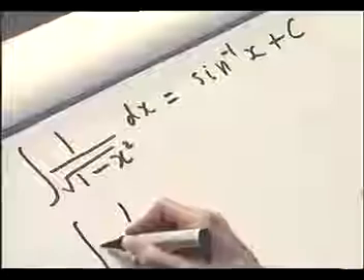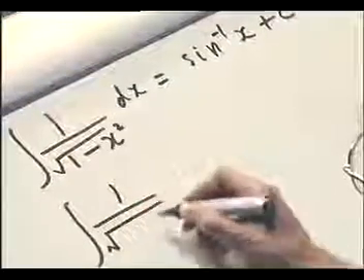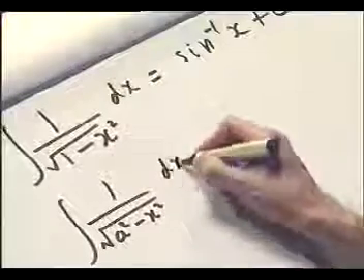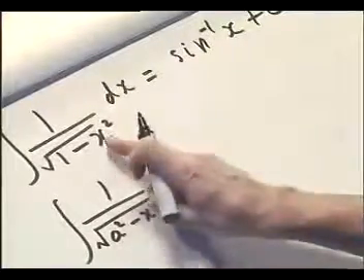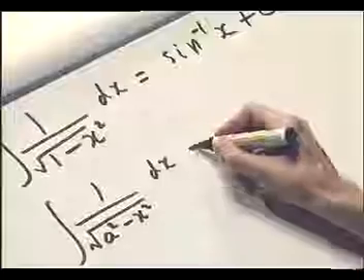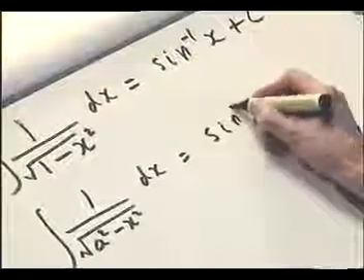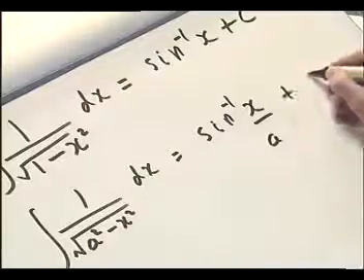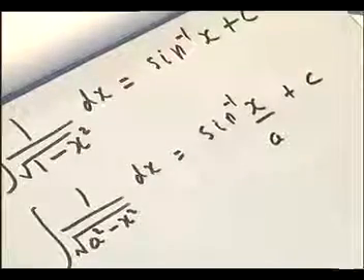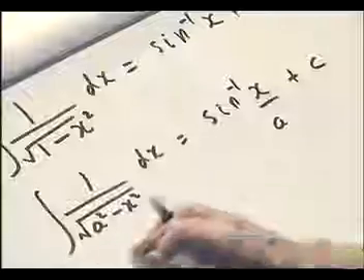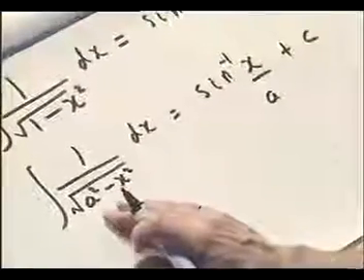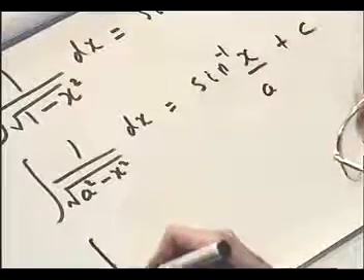Similarly, we have something that looks very much the same, 1 over the square root of a squared minus x squared dx, instead of 1 minus x squared. Then the integral is sine to the minus 1 of x over a, plus c. Let's have a look at some examples using this result, because sometimes we have to work a little bit hard at this side.